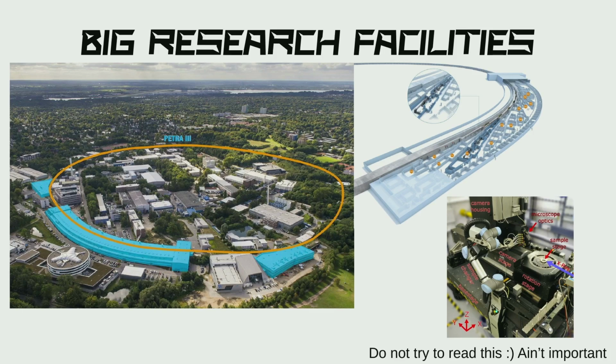End stations are marked with orange dots on the schematic, and if you look inside those dots, they are typically represented by a really diverse bunch of hardware. It's called a scientific instrument. This is where the actual science happens.